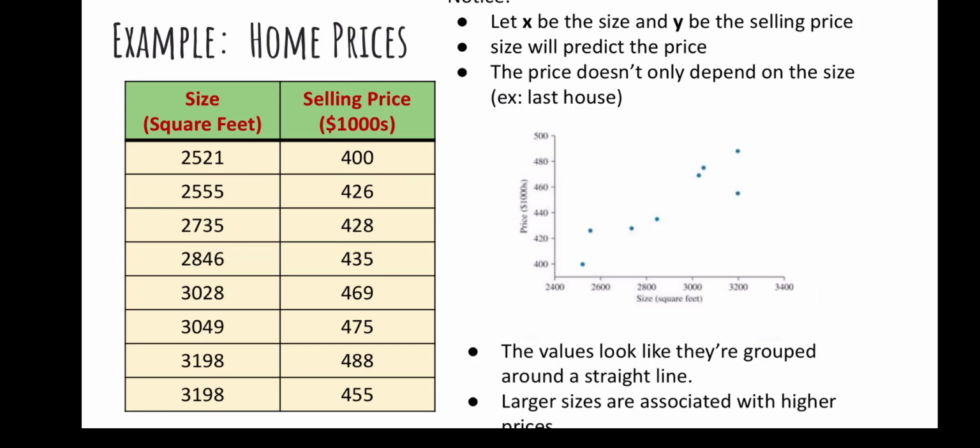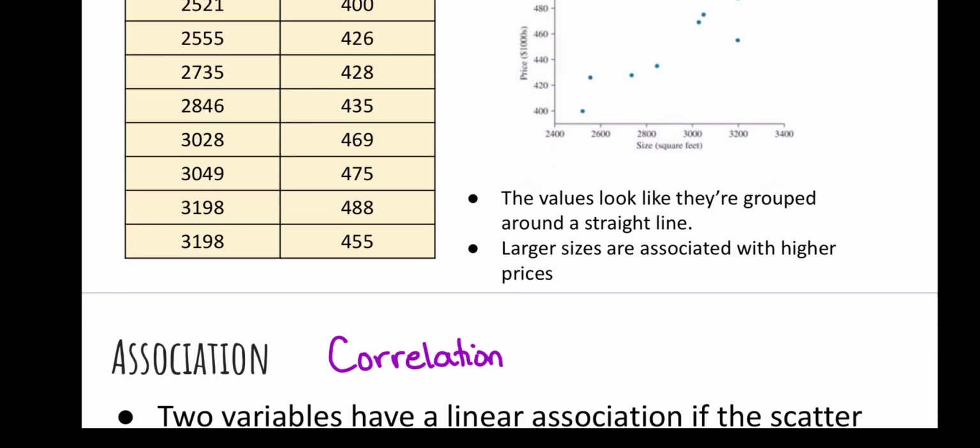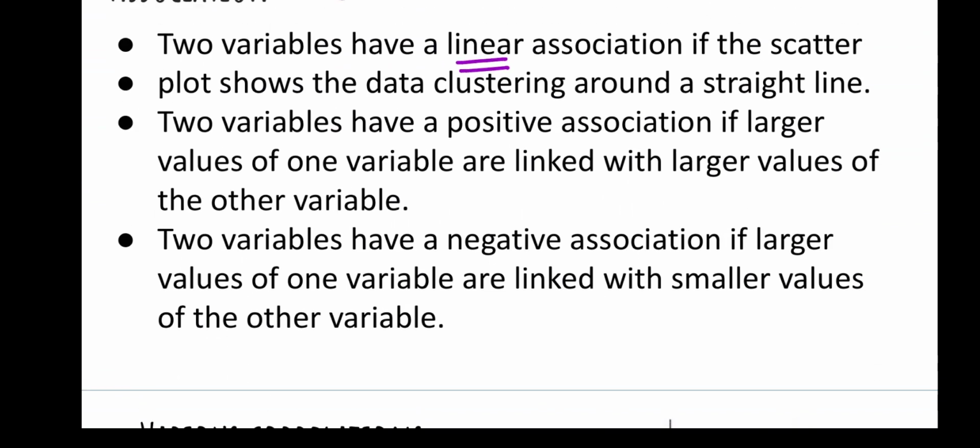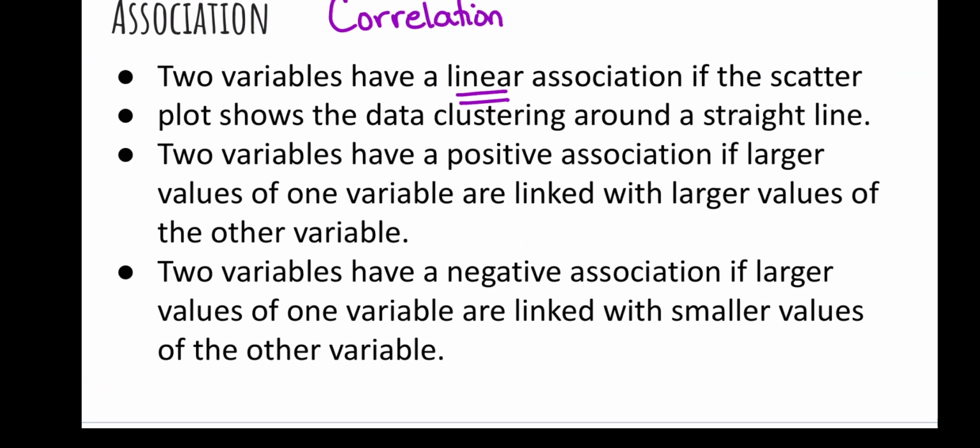Also, they're trending in the upwards direction. So if it's trending upward as you're going to the right, then it's usually a positive association. Whereas if you were going down as you were going to the right, that would be a negative association.